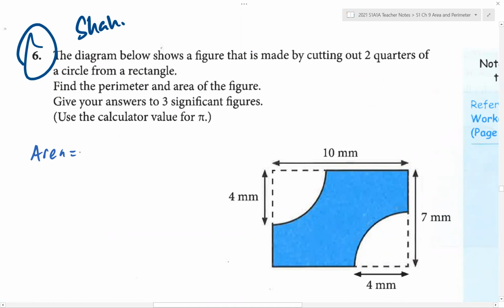Area: 1/4 times pi times 4 times 4. 12.56. Area of what? The whole thing?